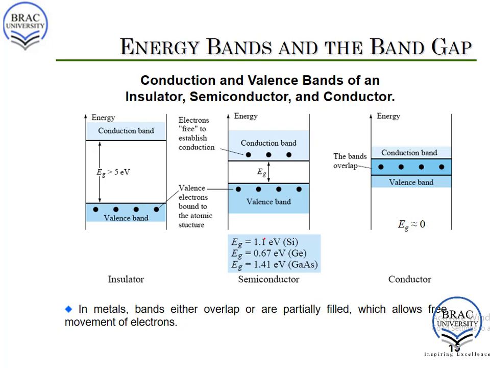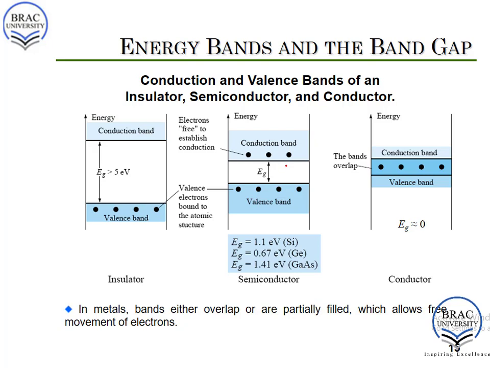Now, in the case of semiconductors, there is a substantial band gap between the valence band and the conduction band, and this band gap is somewhat less than that of an insulator and greater than that of a conductor. That is why it is called a semiconductor. In a semiconductor, it is possible to provide energy to make the electrons jump from the valence band to the conduction band.